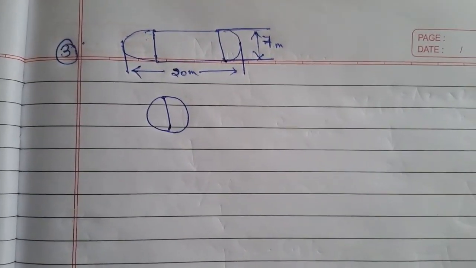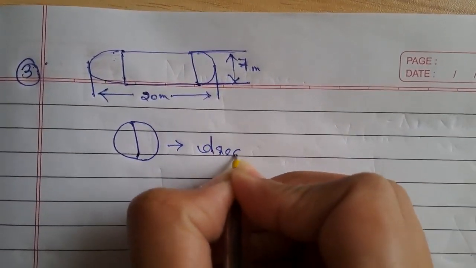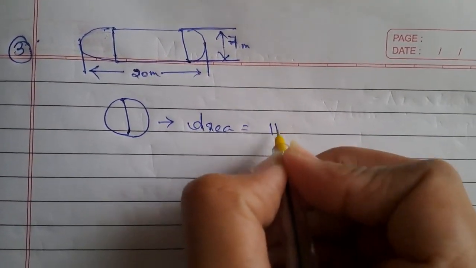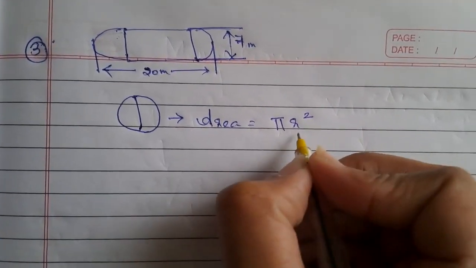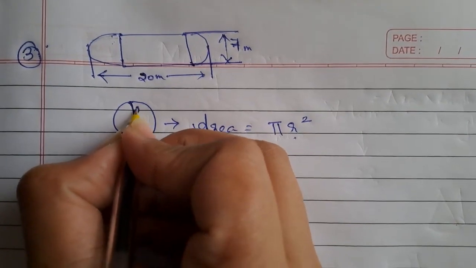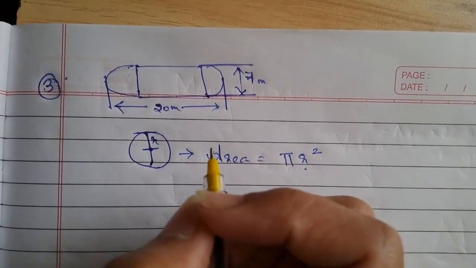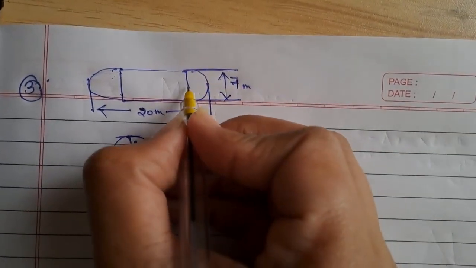So when it looks like a circle, what is the formula to find the area? For the circle, the formula is pi r square. I need the radius. From here to here is going to be the radius, and for the semicircle also, this will be the radius.